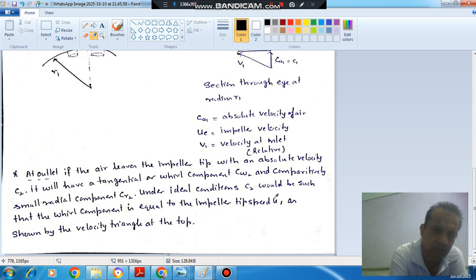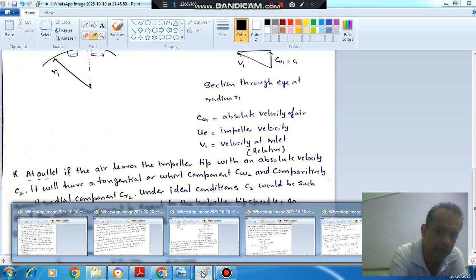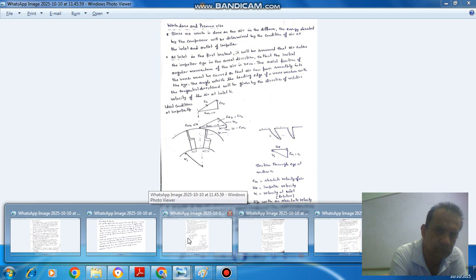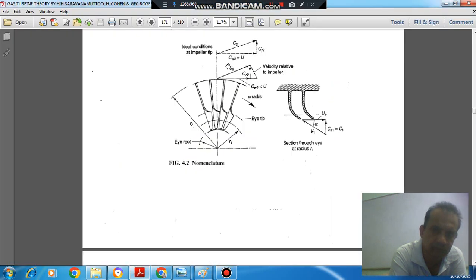Under ideal condition, C2 would be such that the whirl component is equal to the impeller speed U, as shown by the velocity triangle. So under ideal condition, CW2 will be equal to U, and this is the absolute velocity, and this is the radial velocity. These are the velocity triangles in the centrifugal compressor, which will help us to determine work done as well as pressure rise. That we will cover in the next video.